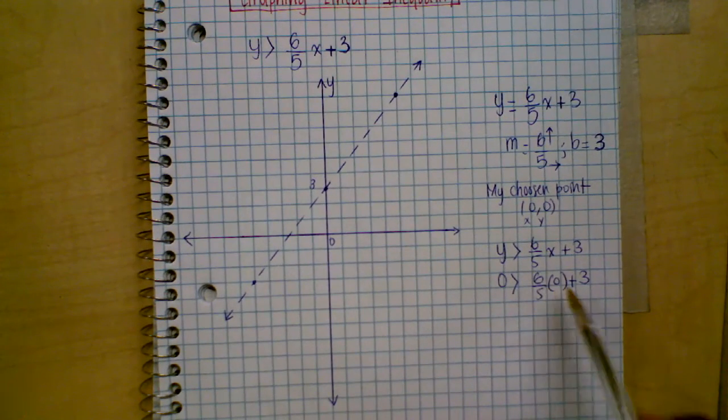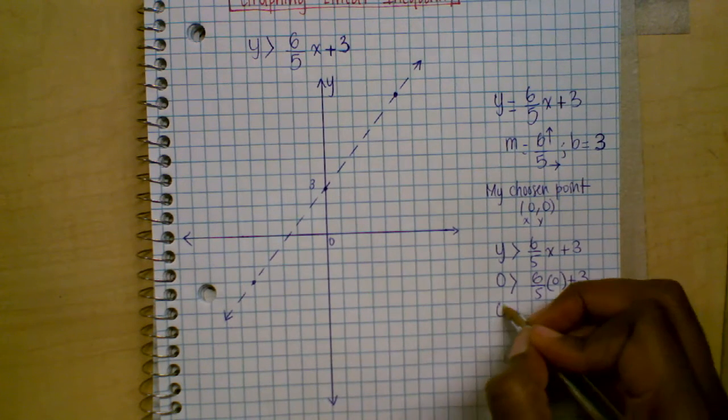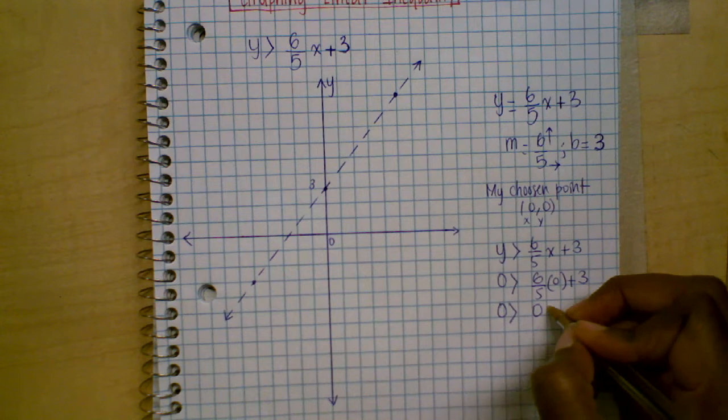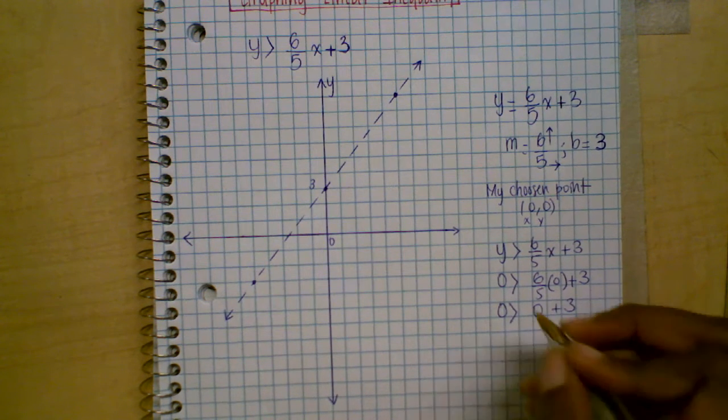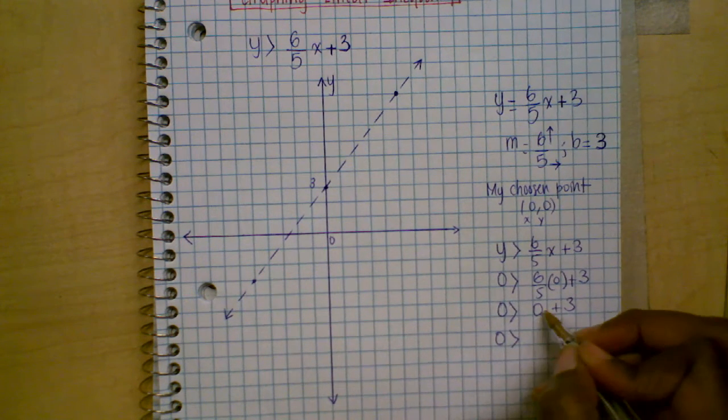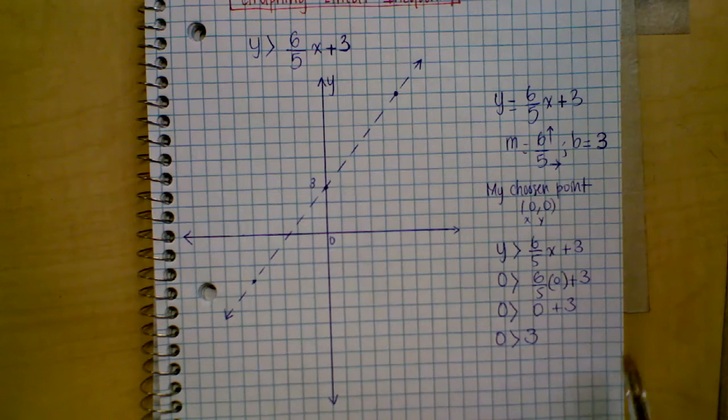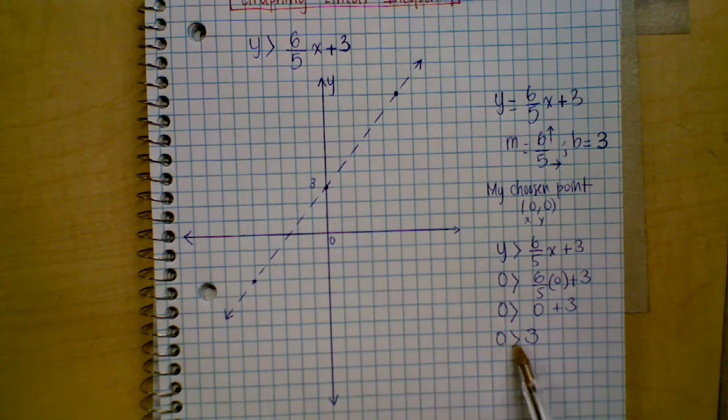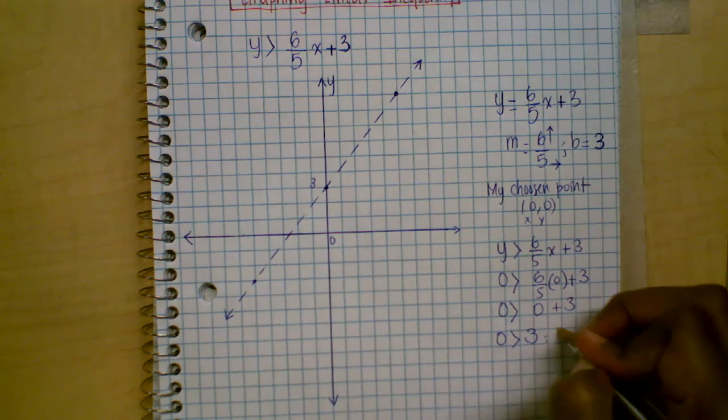Any number times 0 will always be 0. Then I bring down the plus 3. Now 0 plus 3 is 3. So let me ask you, is 0 greater than 3? Is this inequality true? No, it's never true, it's false.